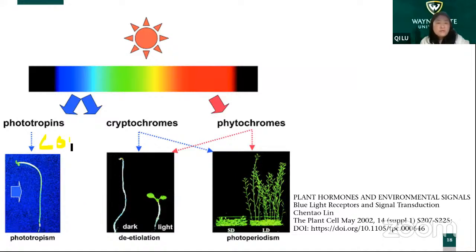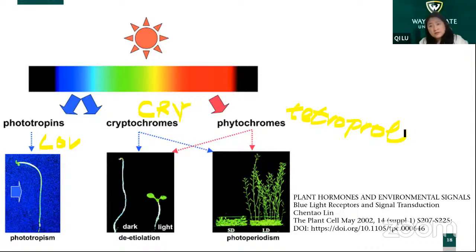So this is the LOV domain, and crypto is CRY, and the phytochrome, that's the chromophore we're using, is the tetrapyrrole. How to spell that? Tetrapyrrole, right? And it's discussed in chapter 10.